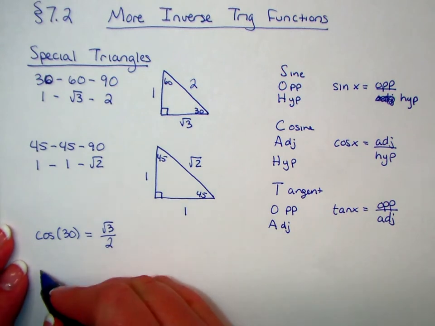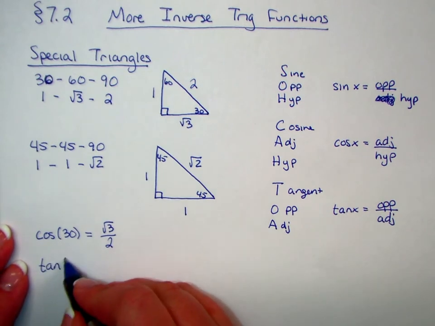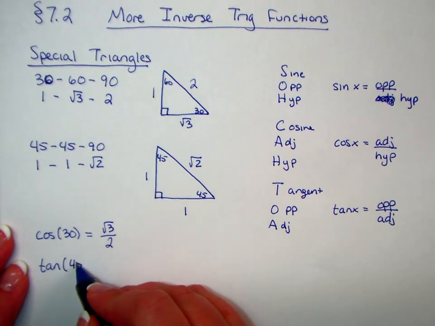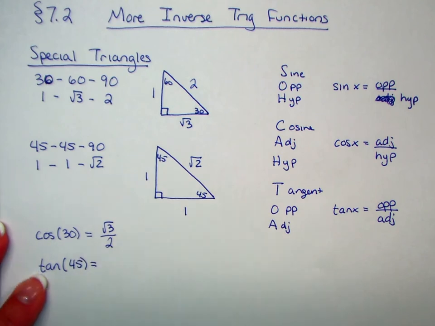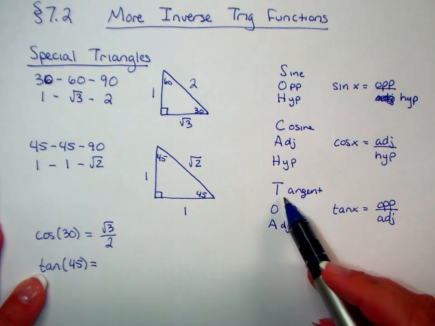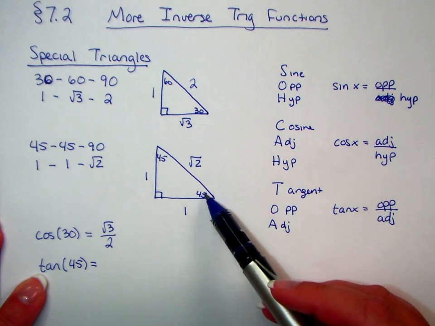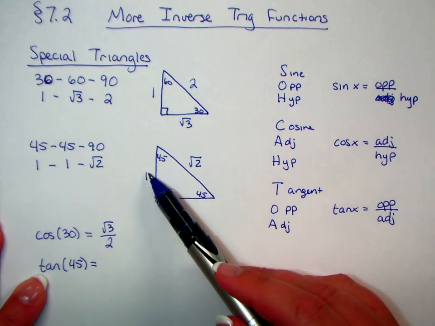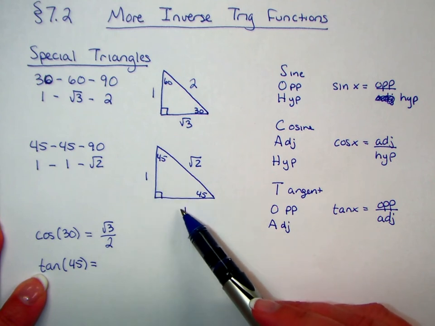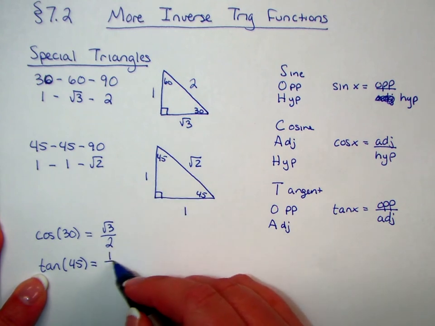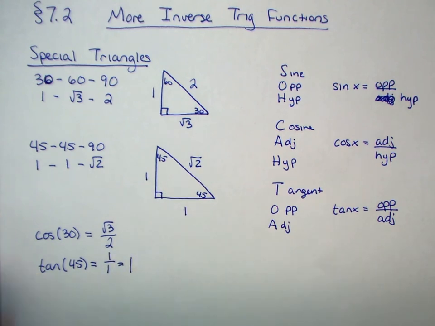What is tangent of 45 degrees? Right? Tangent, the acronym is TOA. So tangent is the opposite over adjacent. So I'm going to take one of these 45 degrees, put the opposite side over the adjacent side, and I'm going to get 1 over 1, which is just 1. Okay?